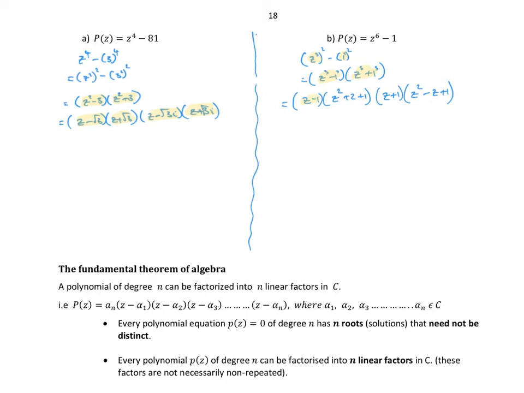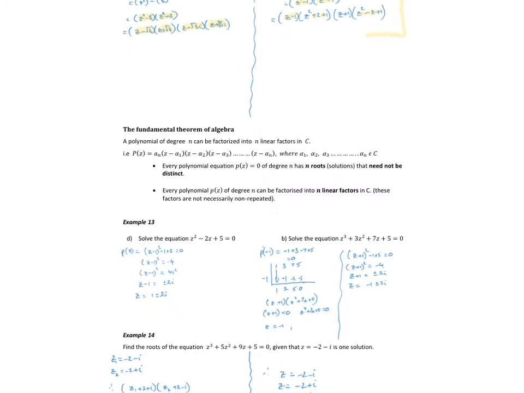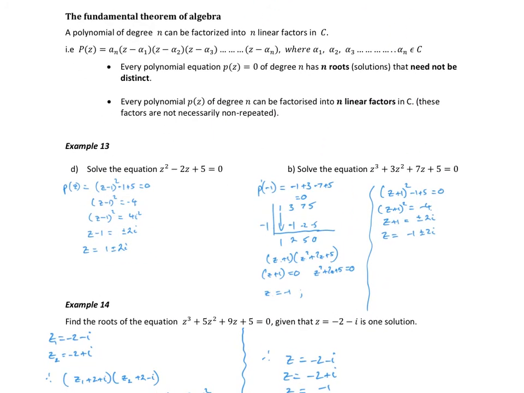So z minus 1, z squared plus z plus 1, z plus 1, and then we get our z squared minus z plus 1. So it's just trying to remember that cubic expansion. Difference of cubes and difference of squares are really significant. But as I said, very, very rarely would that ever come up in a tech-free environment. Maybe a SAC, but not an exam.